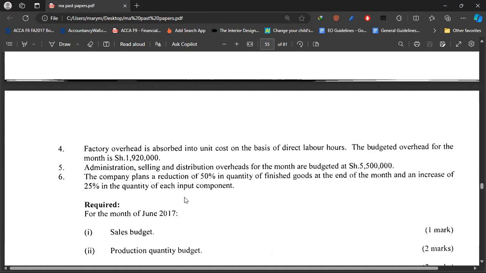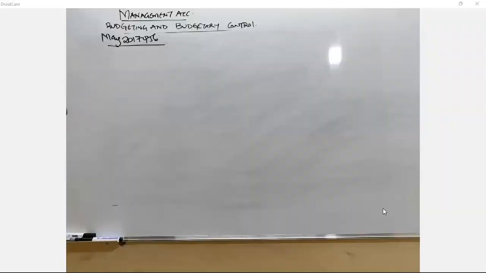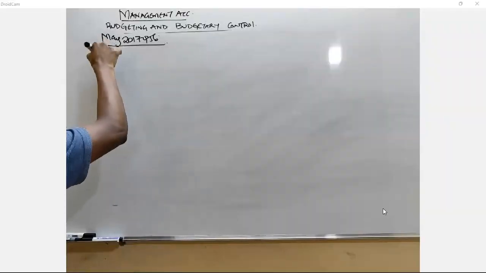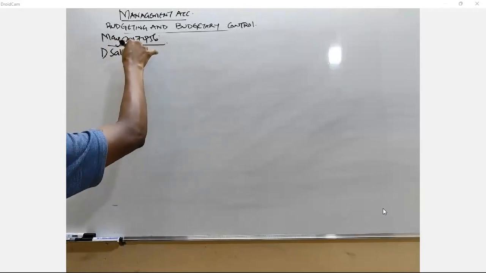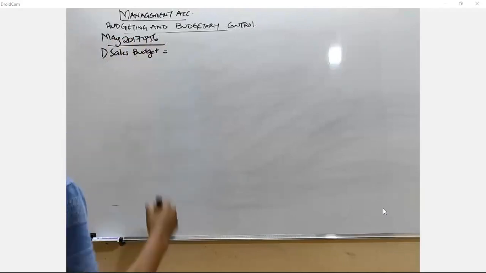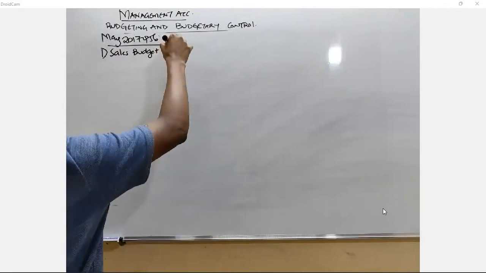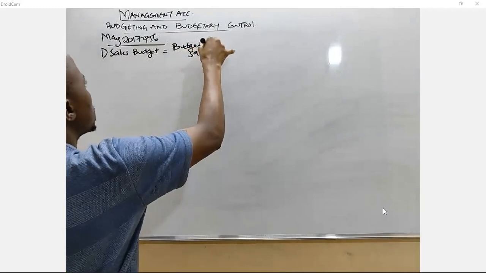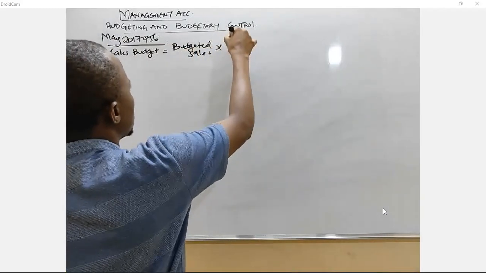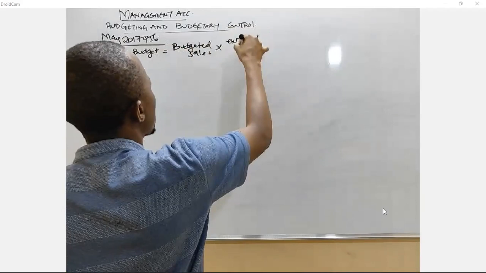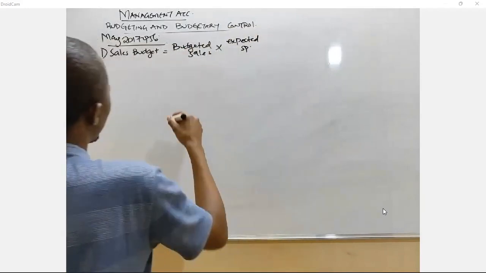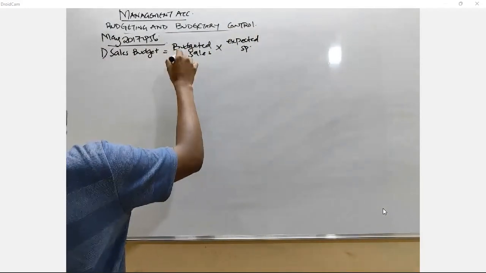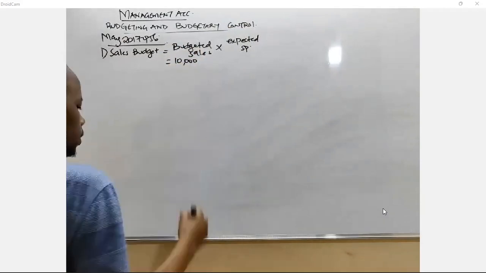So requirement number 1, which the examiner wants us to work on, is all about the sales budget. So how are we going to get our sales budget? We take our budgeted sales and multiply by the expected selling price. When I look at the question, we are being told the budgeted units are 10,000 units.